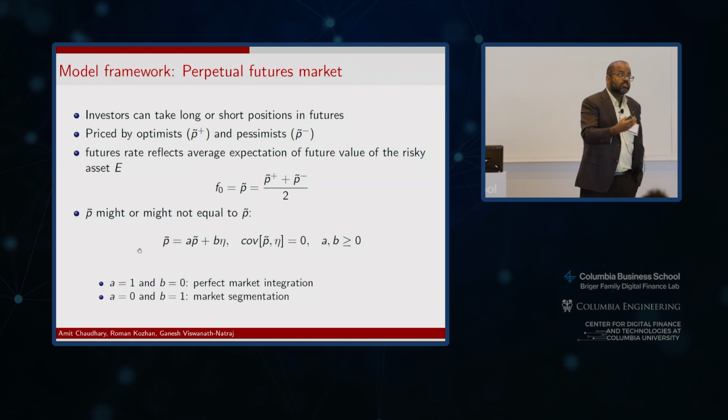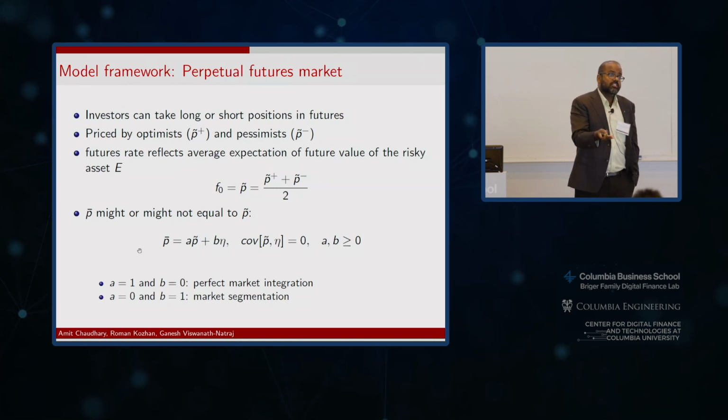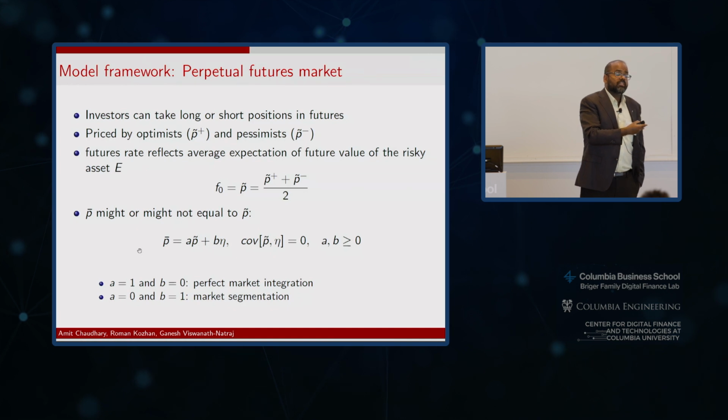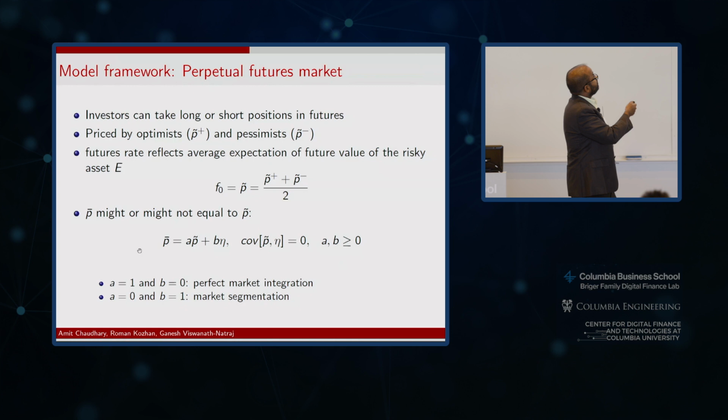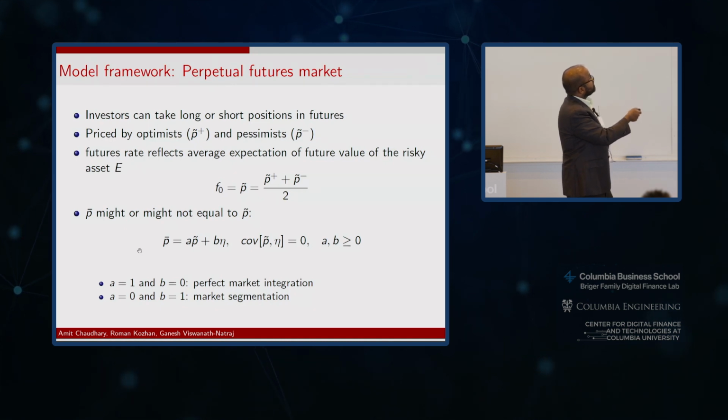In other words, the optimists and pessimists in the futures market can be different to the optimists and pessimists of the lending protocol. So we allow for the fact that the beliefs of investors on futures could be correlated with the beliefs of investors on the lending protocol. And if these beliefs are perfectly correlated, we have perfect market integration.